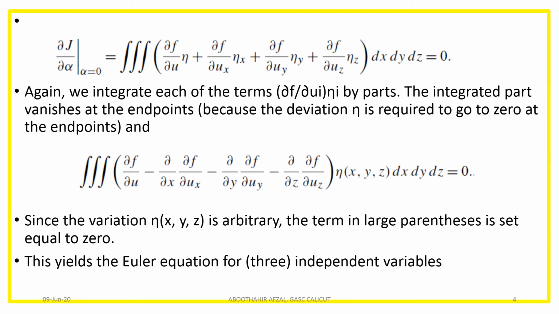And now we use integration by parts for the terms, and we proceed in a similar way as in the last section, where we derived the Euler equation. We will get ∂f/∂u, where in the first section, while deriving the Euler equation, we got ∂f/∂y minus d/dx of ∂f/∂y_x.